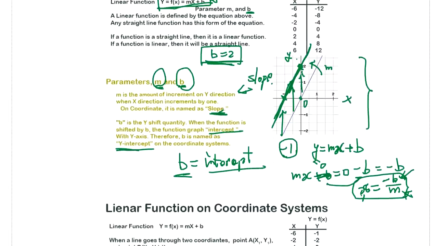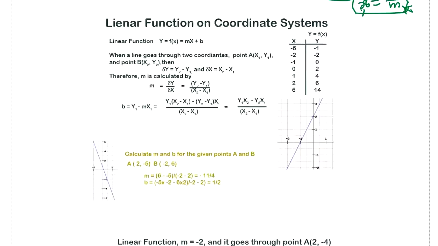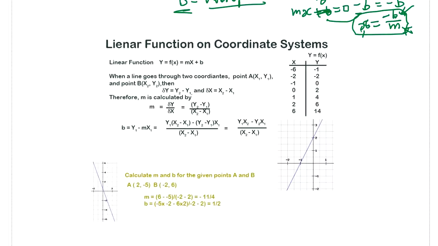So, linear function on a coordinate system. Now suppose this is a function, but we don't know m and b, but we know it goes through the coordinate point A, which is given by x1, y1, and the coordinate B, which is given by x2, y2.